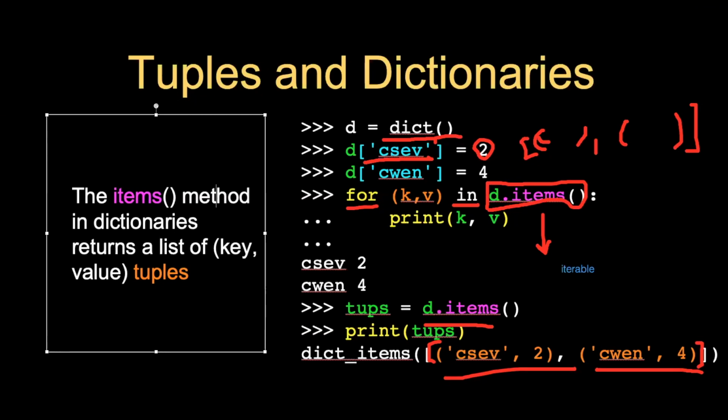You print it one at a time. So the very first tuple is going to give you CSAF2. The second tuple is going to be C14, and so on and so forth. Does it make sense? So this means you can convert your dictionary key value pairs into an iterable in order to fetch each individual tuple out of it.